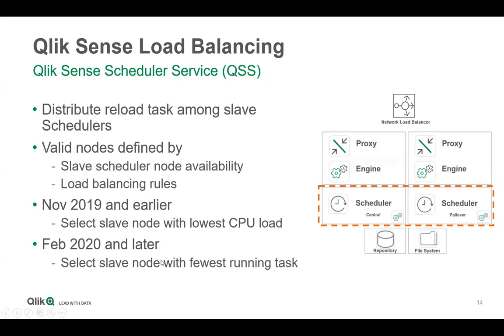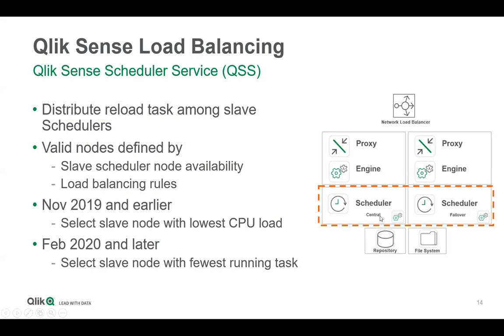The third layer is scheduler load balancing. The scheduler load balancing is performed by the master scheduler, which is the central node. The central node can be a master scheduler, or master and sleep scheduler.